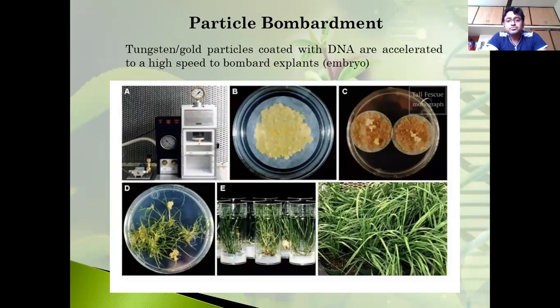Now, another transformation system is particle bombardment, a physical method. In particle bombardment, we coat gold particles or tungsten particles with our DNA molecule. Here we can consider the T-DNA vector, binary vector, only the T-DNA part, or simply any kind of vector, because it doesn't require any Agrobacterium strain, so it doesn't require the virulence genes at all.